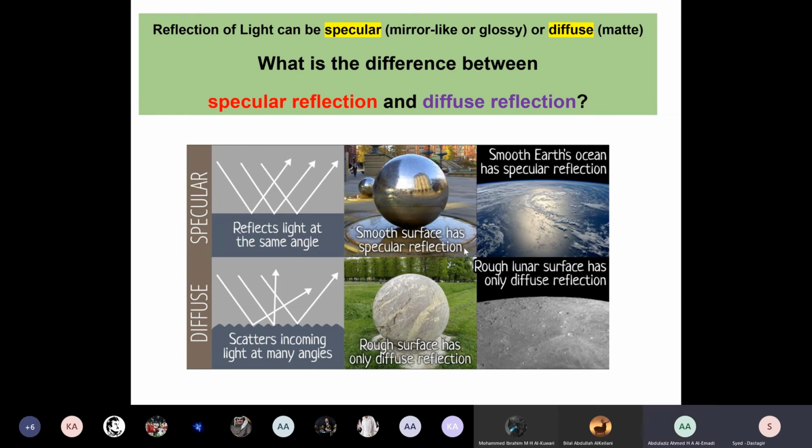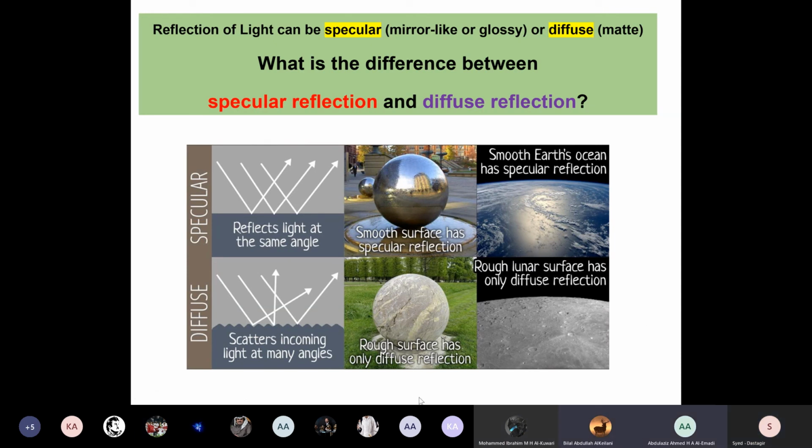Anyone else? Can you help me explain what the difference is? Yes, Abdelaziz Alimadi, let's go. The difference between specular and diffuse, please.